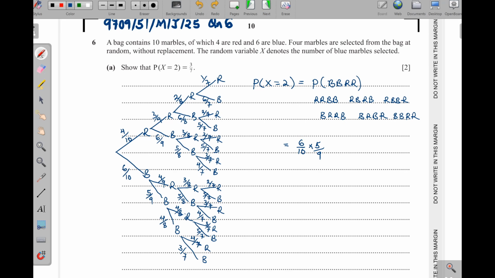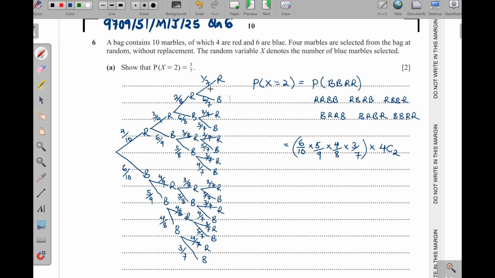Blues will be 5. So the totals keep on reducing. Then when we go to reds, this is 4. Then I will put over 8. Totals keep on reducing, remember? And then the next one will be 3 over 7. Then from here, I multiply by 6, which comes from here, which is the same as 4 combination 2.